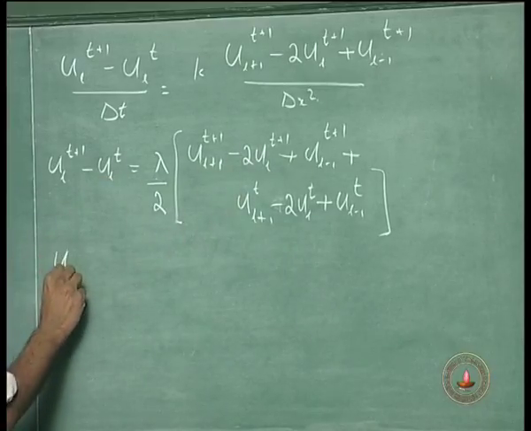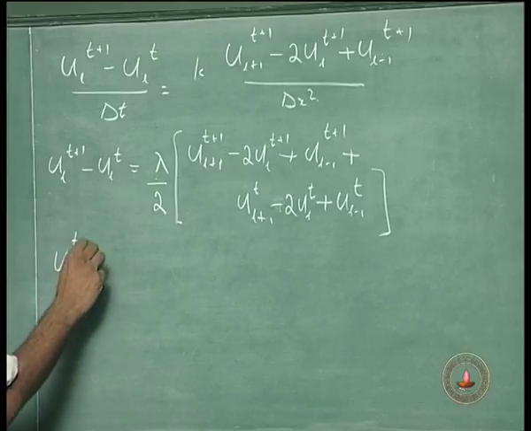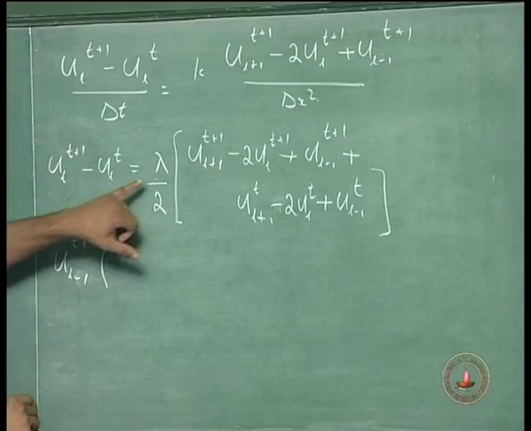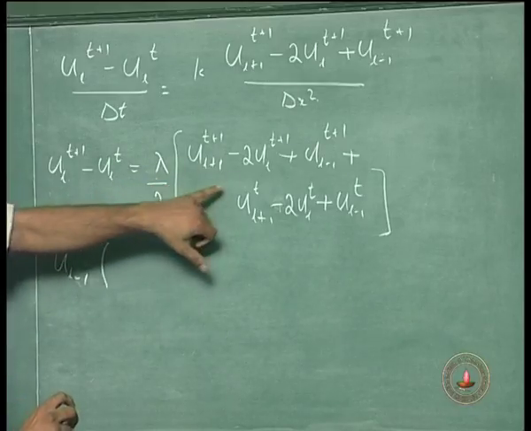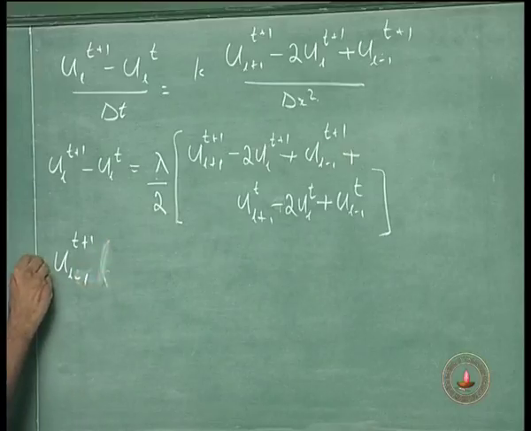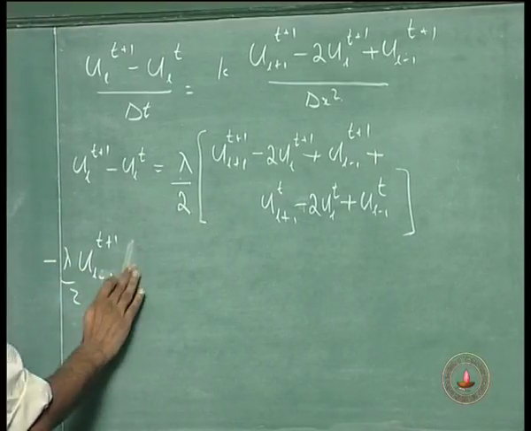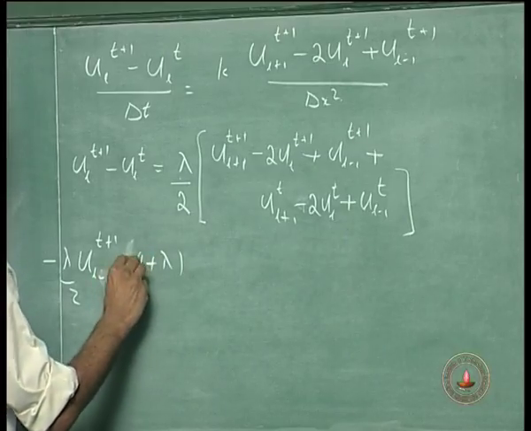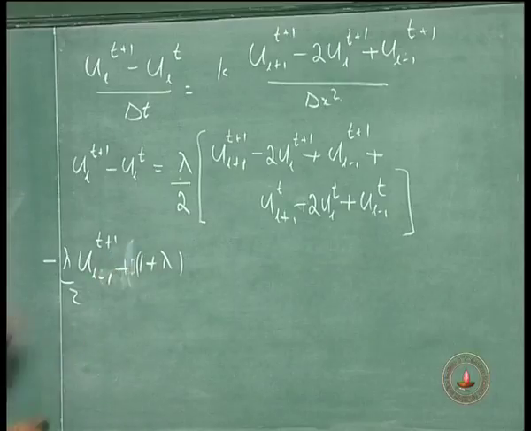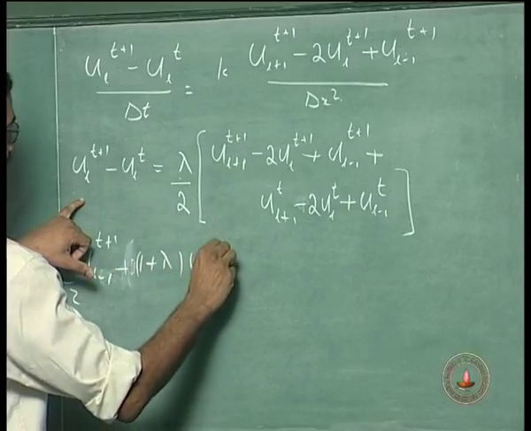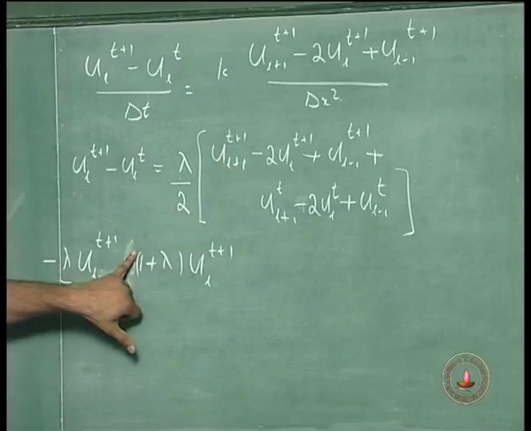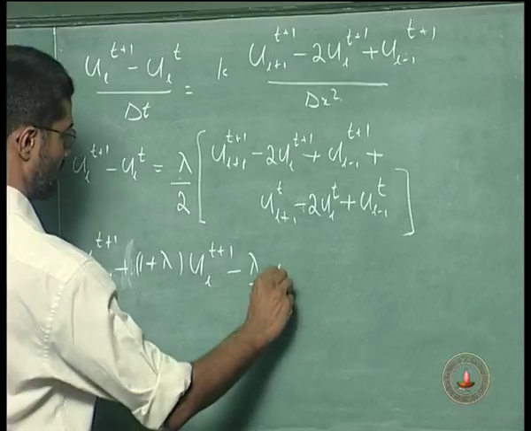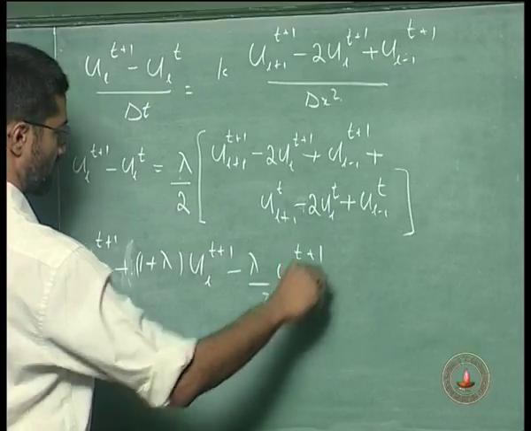So you have u L minus 1 at time t plus 1 with coefficient minus lambda by 2, and then u L at time t plus 1 with 2 into 1 plus lambda, coming from one term here and one term there, and then minus lambda by 2 u L plus 1 at time t plus 1 on the left hand side.